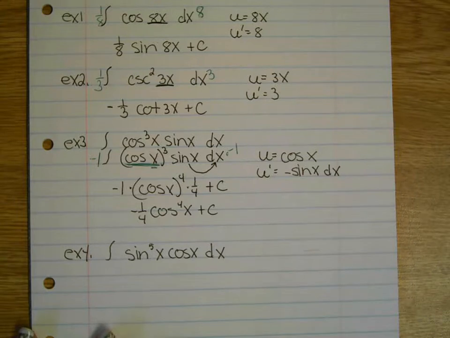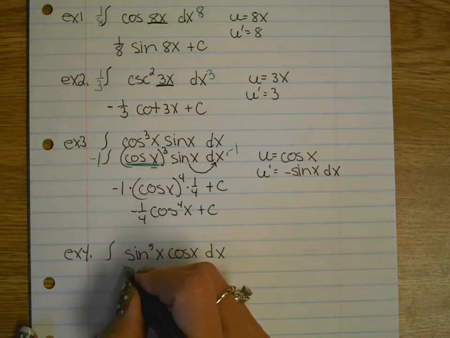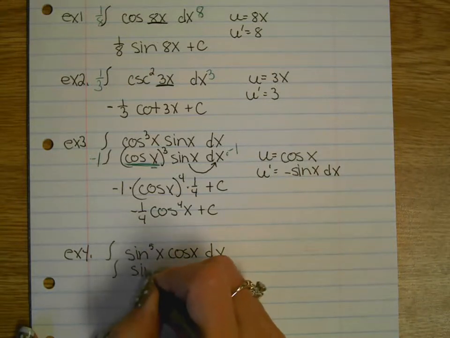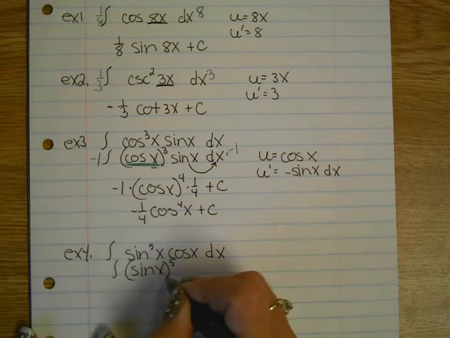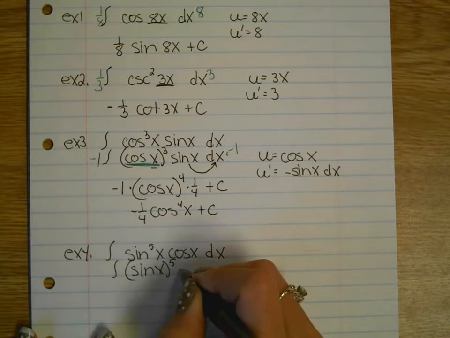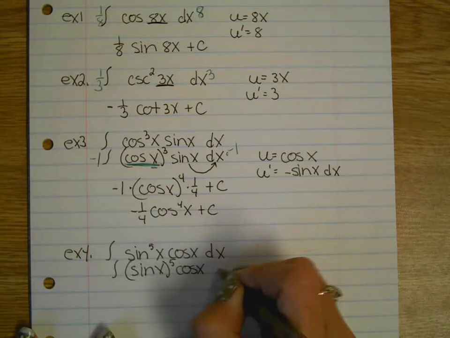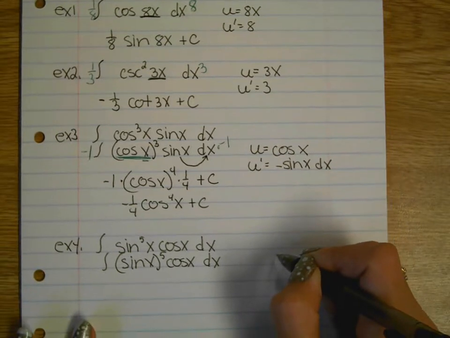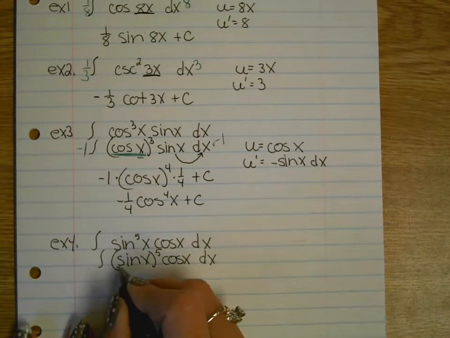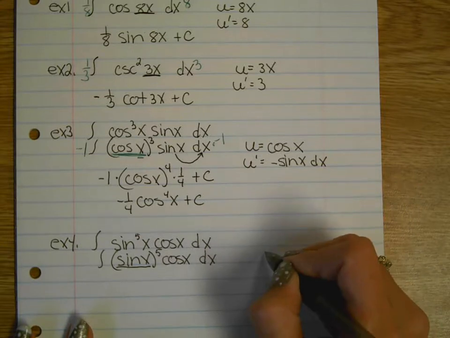So again, find your inside. I see this as sine x to the 5th. And there's no need for you to rewrite this if you can see it in your head right here. And there's no need to do this stuff off to the side if you can see it in your head. But see the inside as sine x.